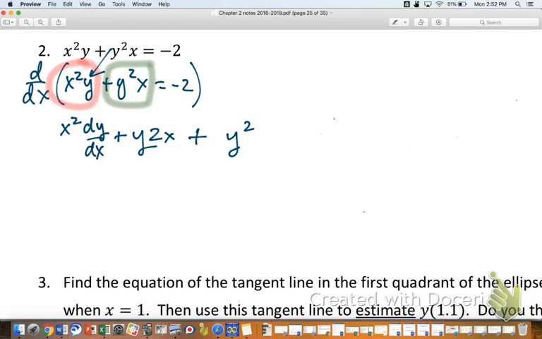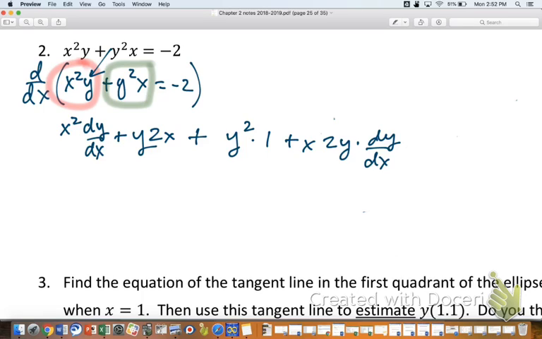What's d dx of x? 1. So there's 1d2, plus 2 would be x. For d1, what's d dx of y squared? Flip your fraction: 2y times dy dx.